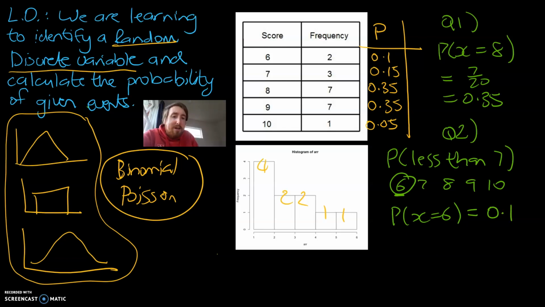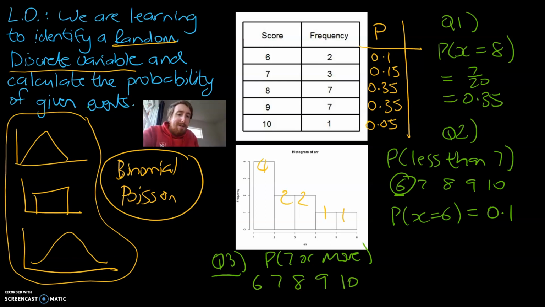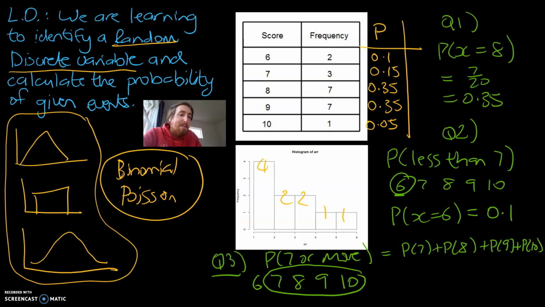And the final question I want us to go through, a more complicated one, question 3. What's the probability of getting 7 or more in that test? We'll need to do our number line: 6, 7, 8, 9, and 10. So 7 or more would include 7, 8, 9, and 10. What we need to do is add up the probability of each of those groups. So the probability of 7 plus the probability of 8 plus the probability of 9 plus the probability of 10.